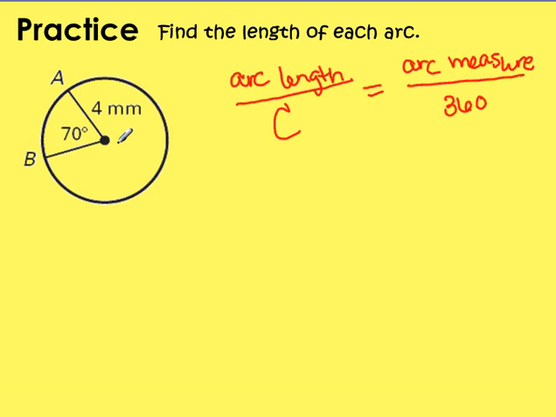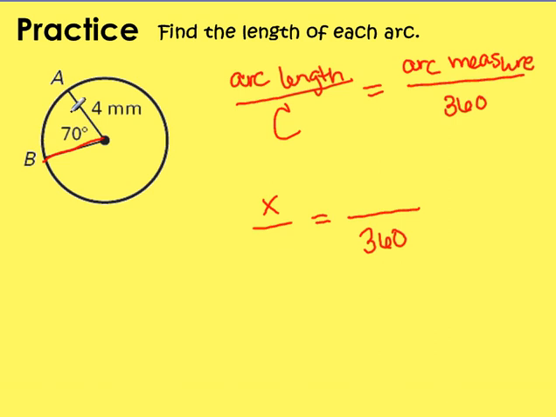So we're going to need to substitute in the measures we know and solve for what we don't. Since our arc length is what we're trying to solve for, we'll leave that as x. We know 360 is constant. That's not going to change. Our arc measure is something we'll need to find.